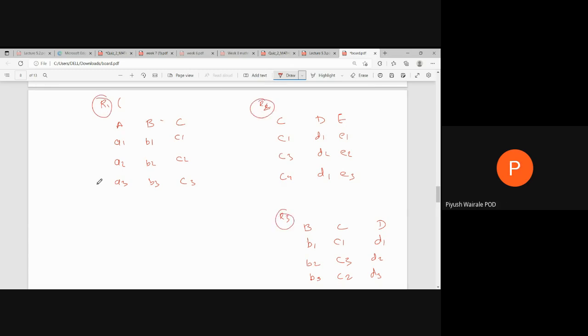First, we'll perform natural join between R1 and R2. What is natural join? Based on the common attribute, it will match the common tuples. What is the common attribute here? C, right?